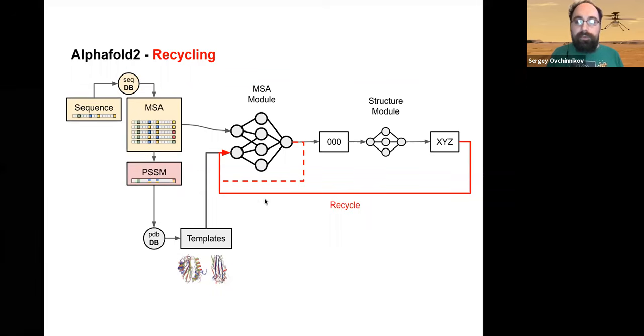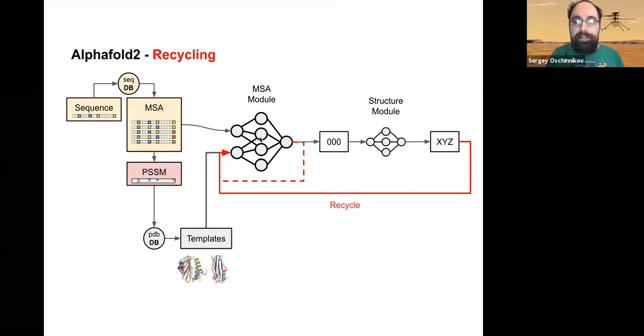In some similar way to how you feed in templates to the model, you could feed a prior prediction back into the model, and then let the network say, let's try again. And then you feed it back in and say, let's try again. And each time you're iterating and potentially making the prediction better and better. And also the pairwise features that come out of the model are fed back in.